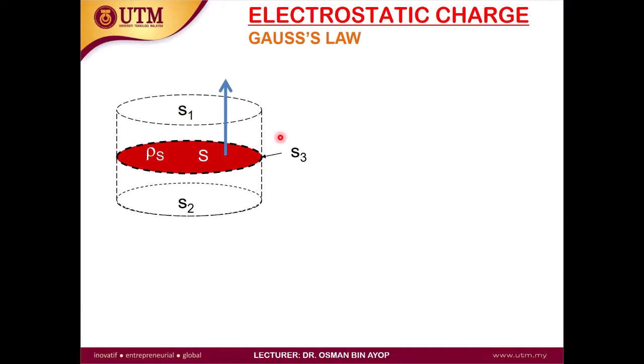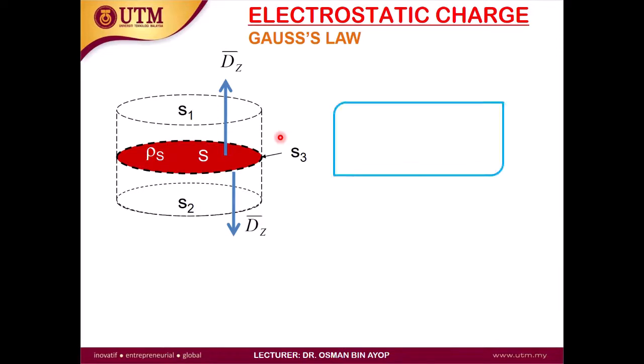We have the flux going up, this is Dz, and going down, this is also Dz. Basically, there is a flux going around, but later on it will become zero.